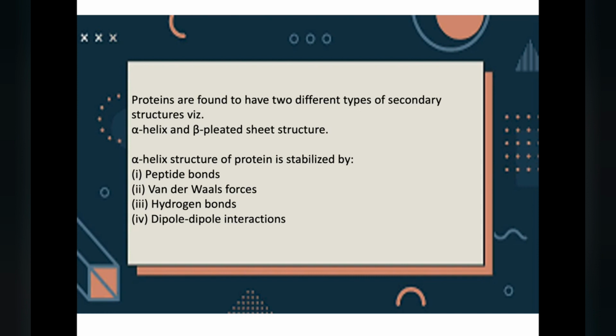The alpha helix structure of protein is stabilized by which of the following? First is peptide bonds, second is van der Waals forces, third is hydrogen bonds, fourth is dipole-dipole interactions. So what would be the answer? It would be answer choice 3, hydrogen bonds.